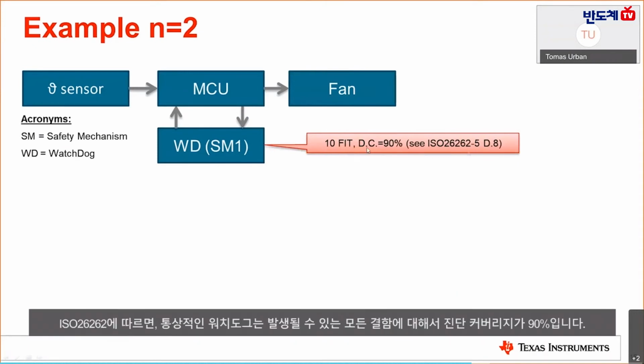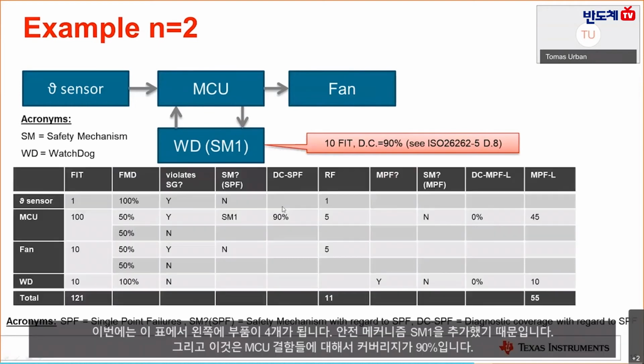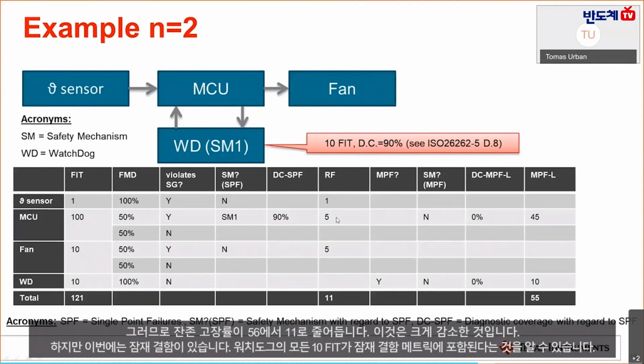And according to ISO 26262, a regular watchdog has a diagnostic coverage of 90% of all the faults that can happen. So we could see that we have 4 components on the left. We have safety mechanism SM1, which covers 90% of the relevant faults of the MCU. So the residual fault rate is now decreased from 56 to 11. So this is a major decrease.